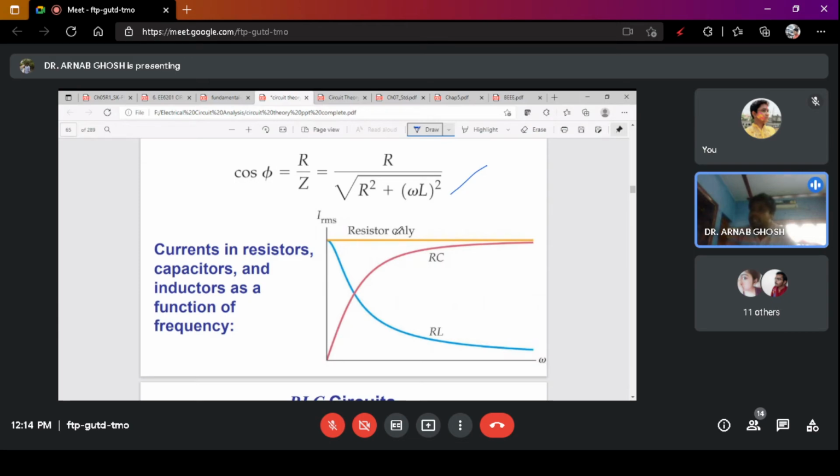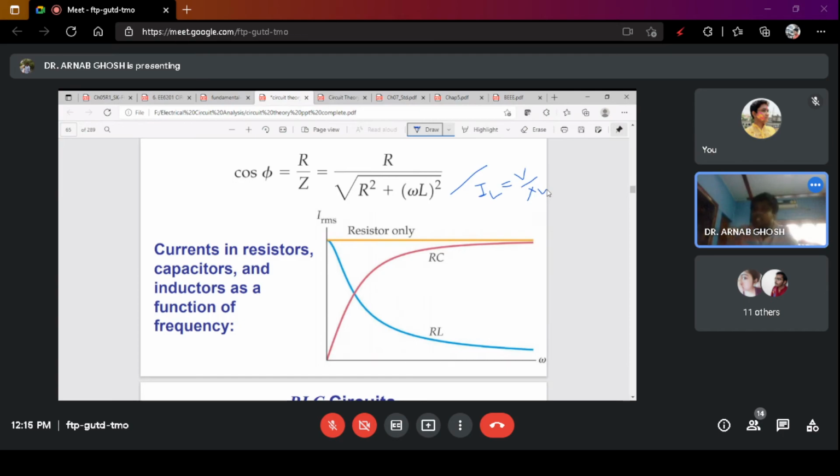Similarly, the inductance current, that is IL, is equal to V by XL, that is Vmax by omega L. So the inductive current will decrease with increase in frequency.